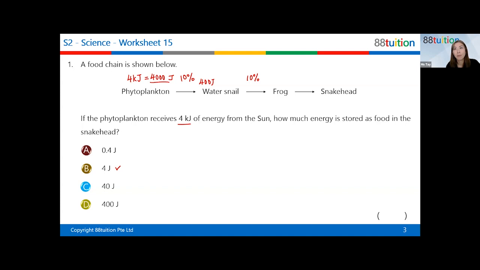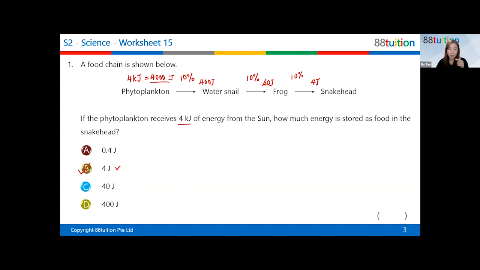I give you time, no worries. Okay, so 40 joules will actually reach the frog. And then another 10% is going to be passed on to snakehead, right? And that will leave us with 4 joules of energy. And that's why answer is B.